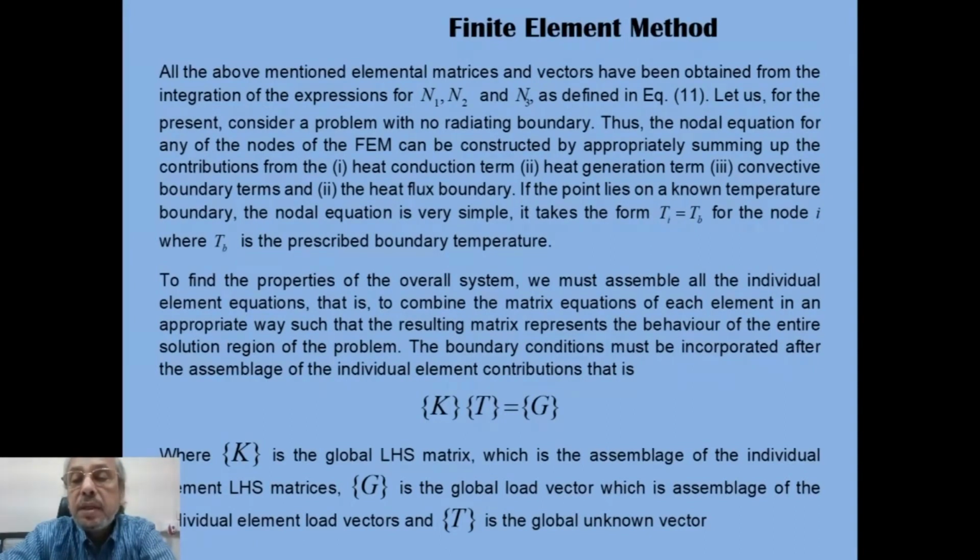If a few points are lying on a boundary where temperature is known, then obviously for those points we will prescribe the known temperature. For example, Ti will be Tb for the node i, where Tb is the prescribed boundary temperature.